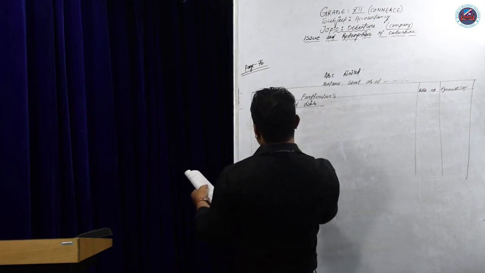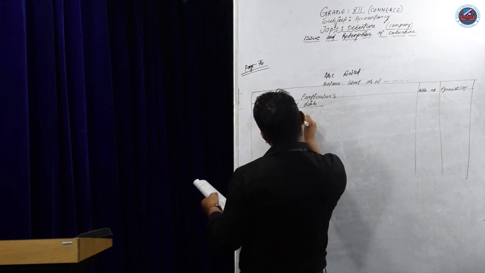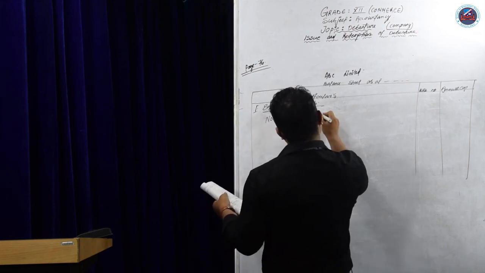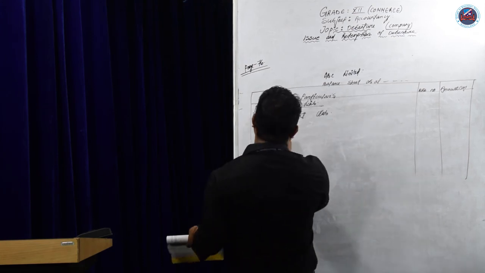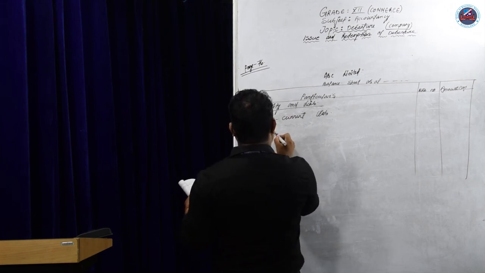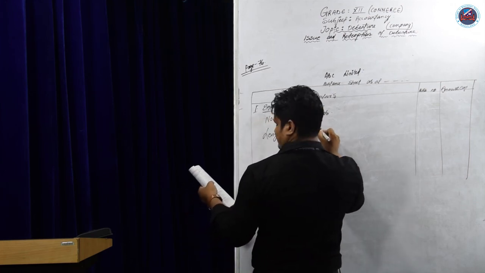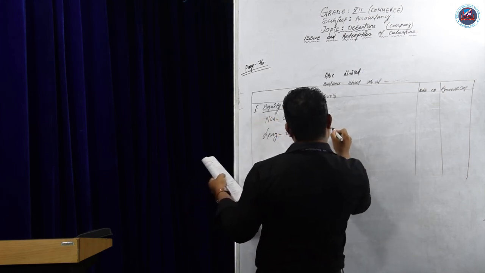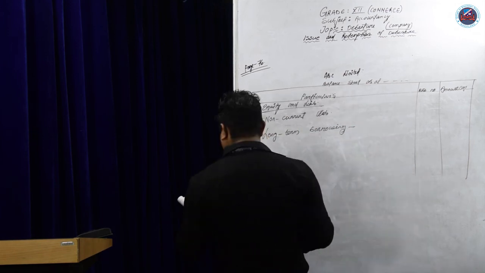Here will come non-current liabilities, that is the long-term liabilities. Here will come long-term borrowing. Under non-current liabilities, long-term borrowing will come.